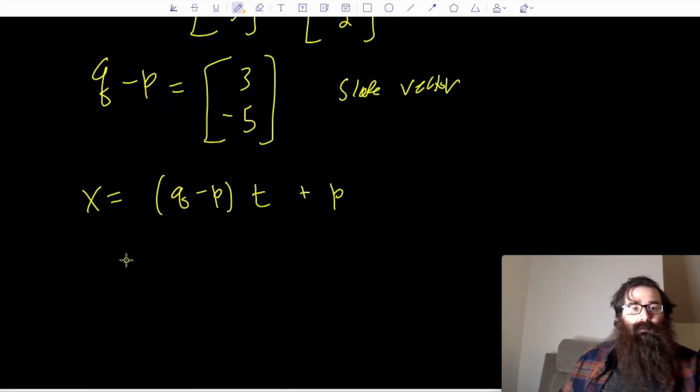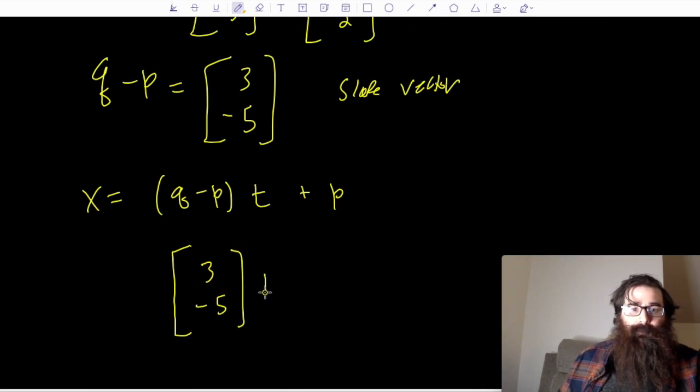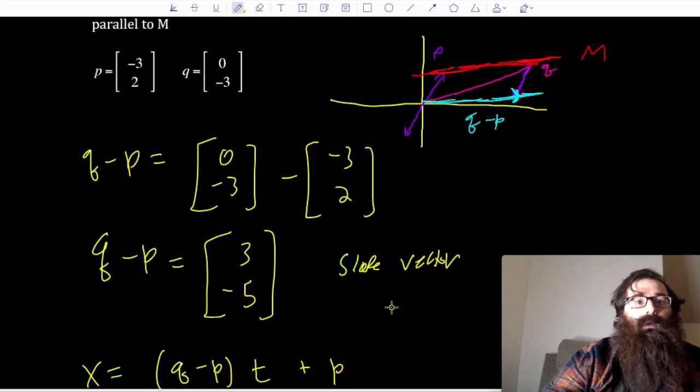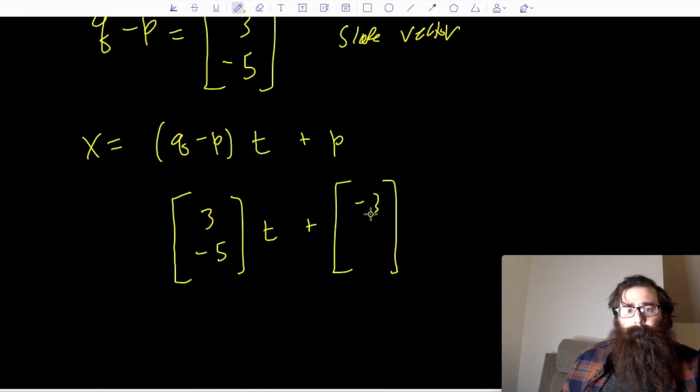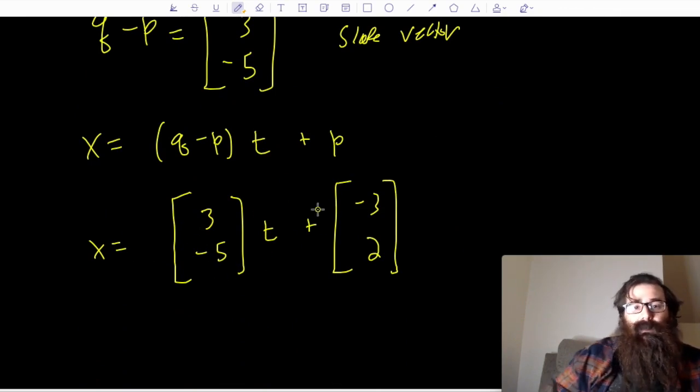So how is this going to look? Here I'm going to have this vector q minus p. I just found it. 3, negative 5 are the entries. Times a parameter, which is t, plus vector p. You could pick vector q. For vector p, that was negative 3, 2. And then I could leave it like this. This is meeting the objective.